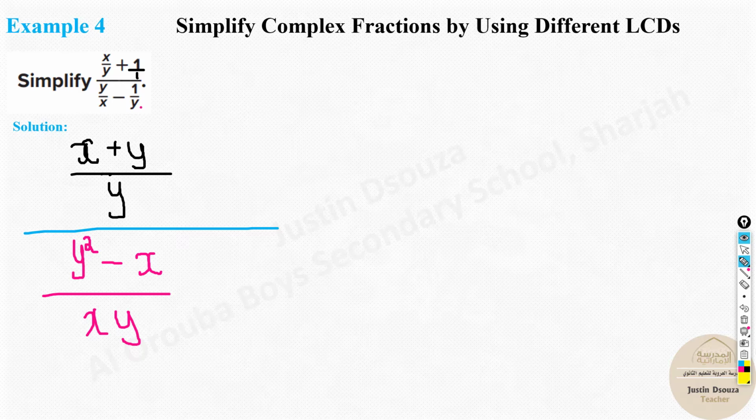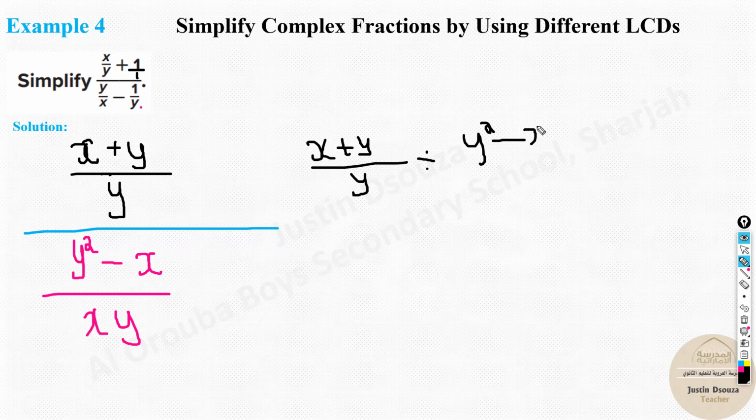Now basically what you have to do is division, sorry. So what happens? This term, let it be x plus y divided by y, divided by the complex fraction y squared minus x squared divided by xy. Okay.